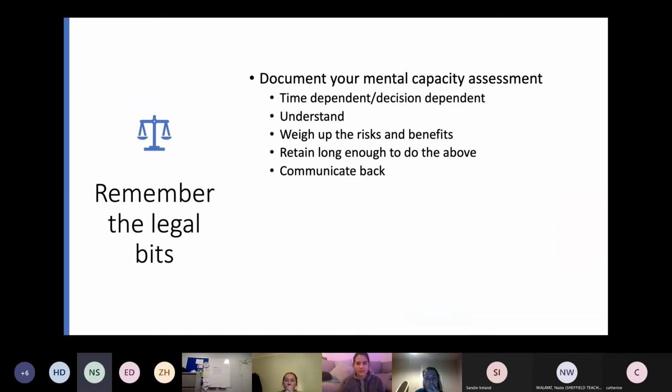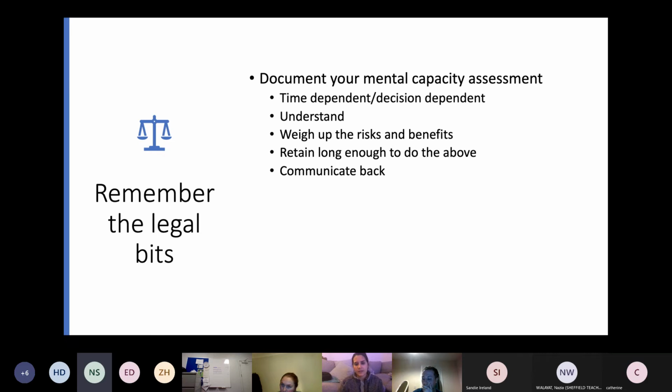The other thing to think about, obviously, is the legal aspects of it. If you have someone that you are about to give sedative drugs to who does not understand the reason why, you need to document a capacity assessment, and it's something that often isn't done and is really not good practice. The problem is that it's time consuming.